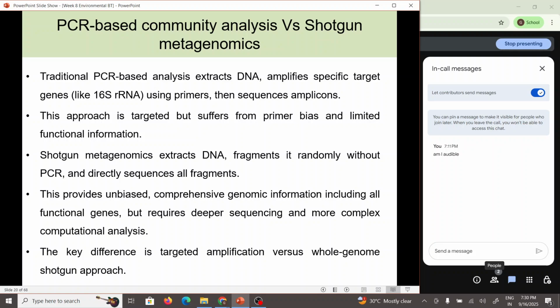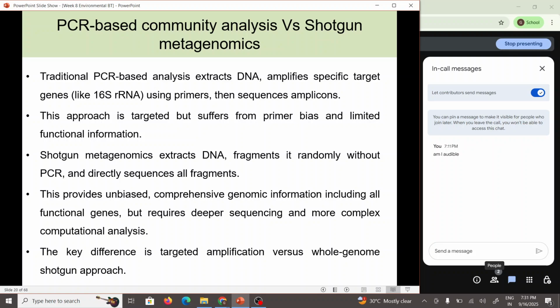So this approach is highly targeted, but the sole disadvantage of using this is the primer bias and limited functional information. Primer bias in this case means we cannot design a primer for all the organisms that are present in it. Maybe we don't even know a few organisms that are present in the environmental sample, so for that we cannot design a primer, and no one primer can satisfy the amplification of all the DNA that is present.